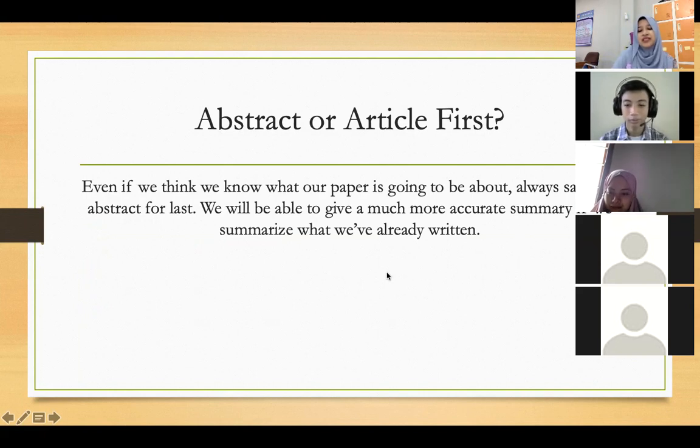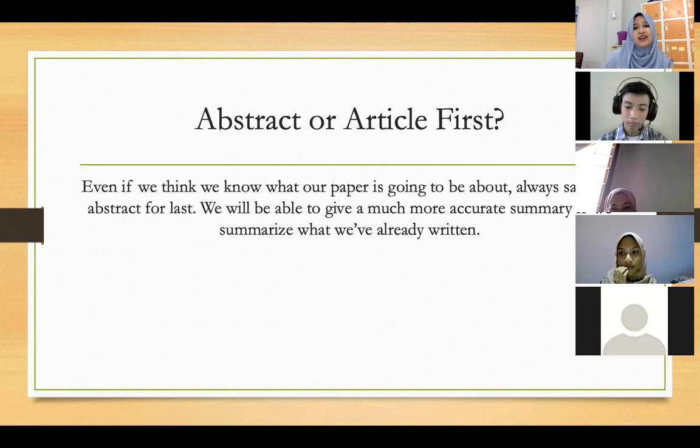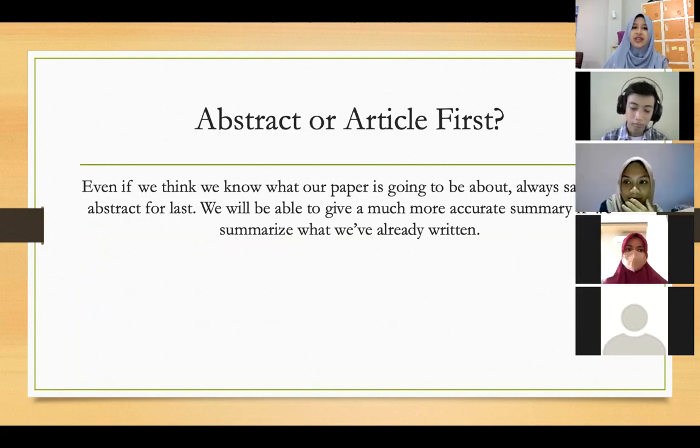So the question is sometimes whether we write the abstract first or our article first. Like what I mentioned in the beginning, some people will save the abstract for the last, after they write the paper. But some people prefer to write the abstract first, even though they don't have the findings yet.